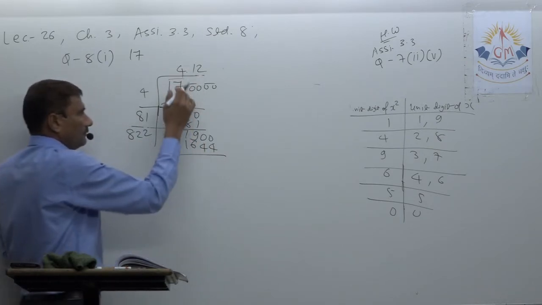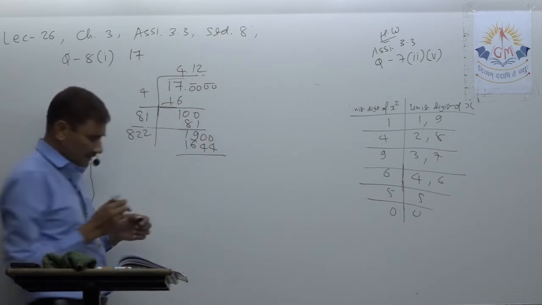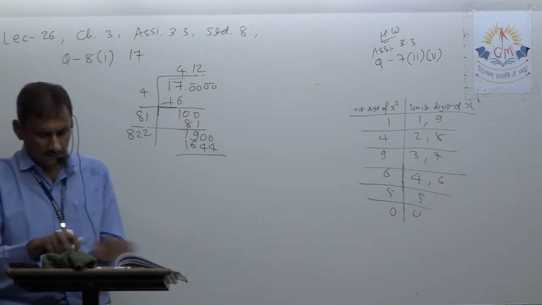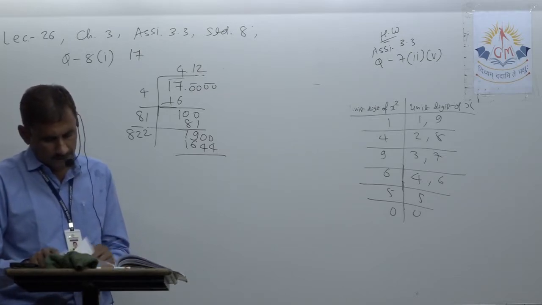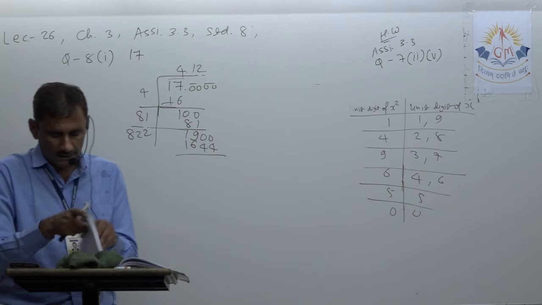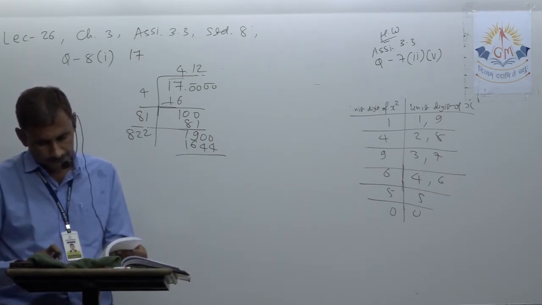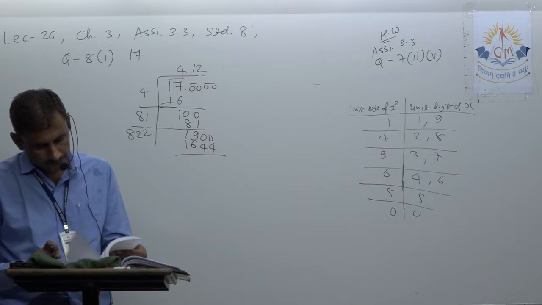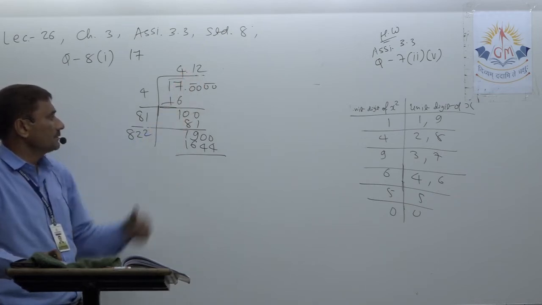Now we don't want to go ahead, because up to 2 decimal places I think it is enough. Okay, and they have given here 4.12. At last I am just looking at the answer. Okay, up to 2 decimal places only they have given, so we are not going ahead.